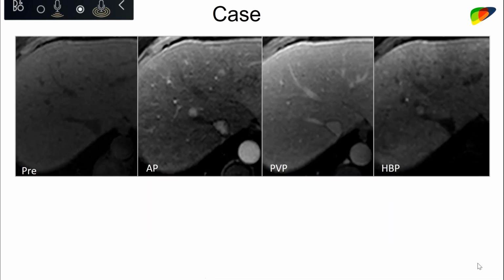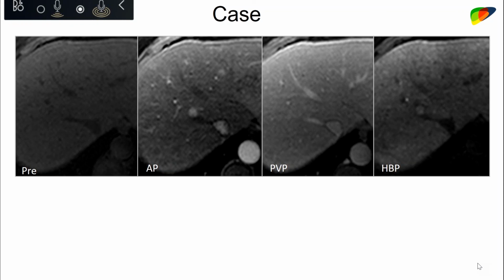We know that it's not strictly an ancillary feature, but about 10% of HCC may show hepatobiliary phase hyperintensity. And then there are also some regenerative nodules that are hyperintense on the hepatobiliary phase. So when we see those observations, how can we use this hepatobiliary phase hyperintensity?